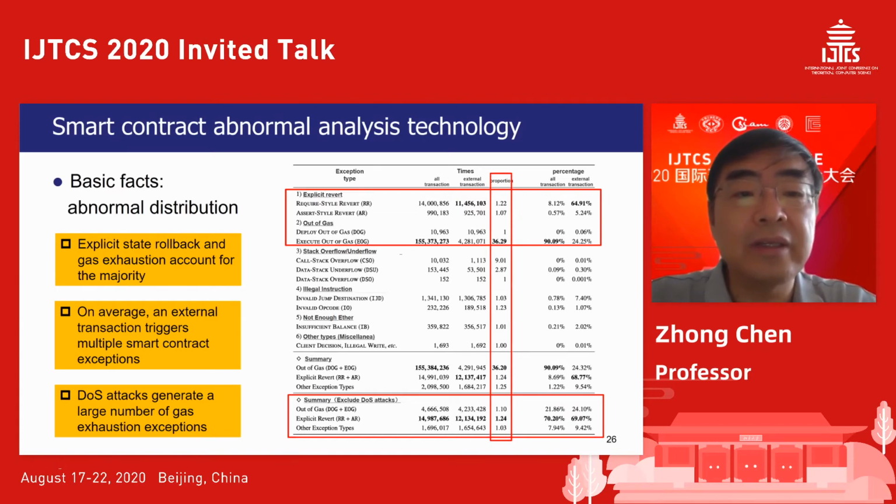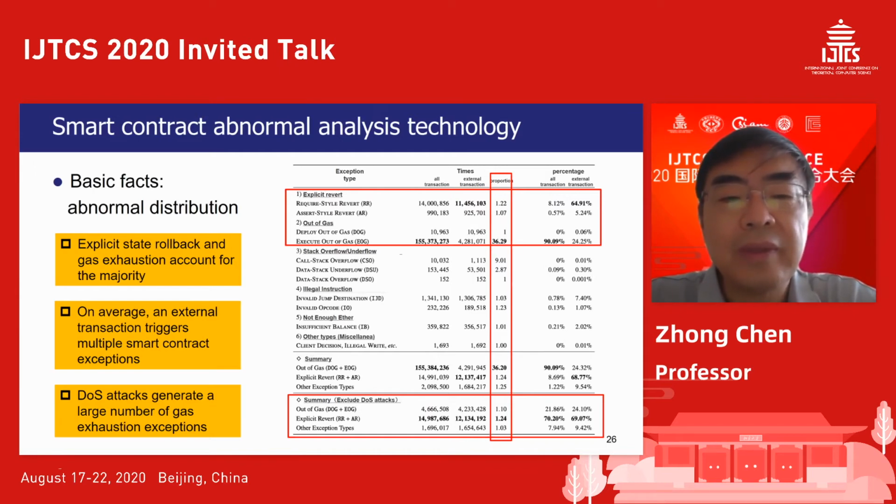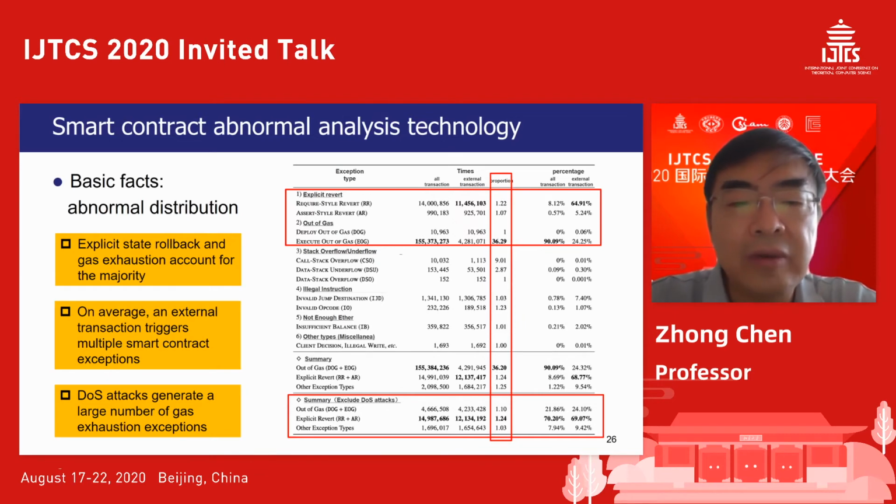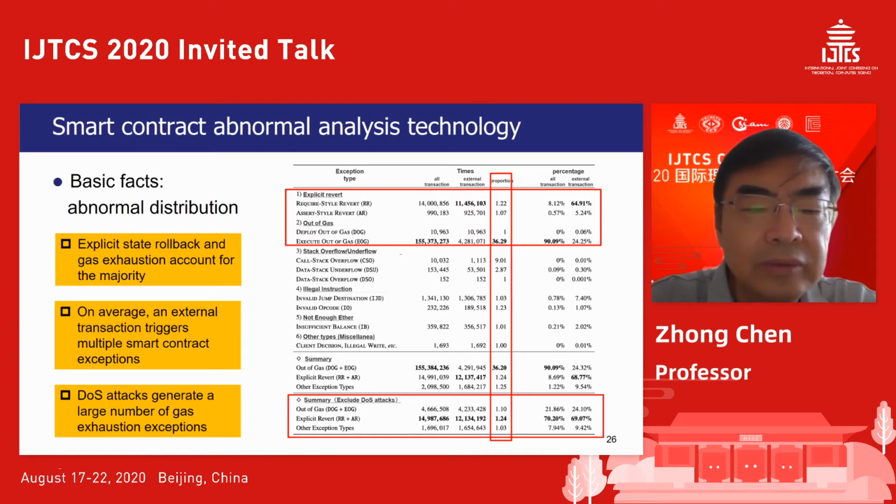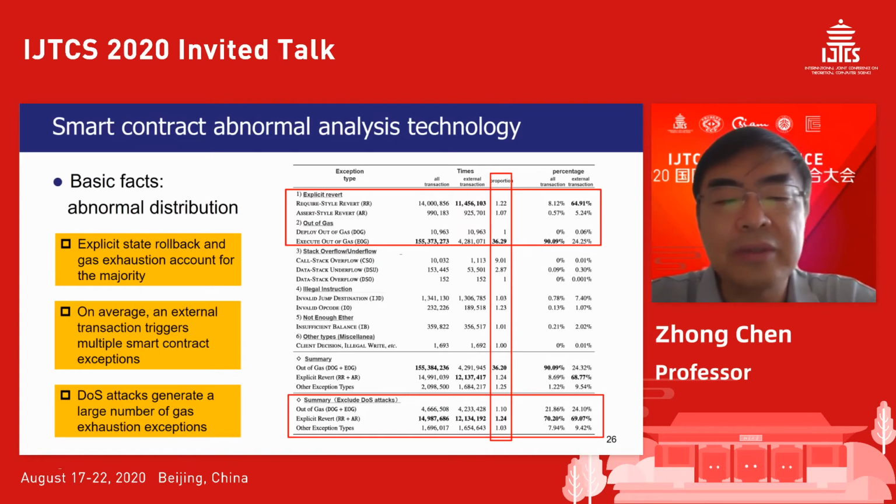For the basic facts, the abnormal distribution covers three categories. First, explicit state rollback and gas exhaustion account for the majority. The average external transaction triggers multiple smart contract exceptions.